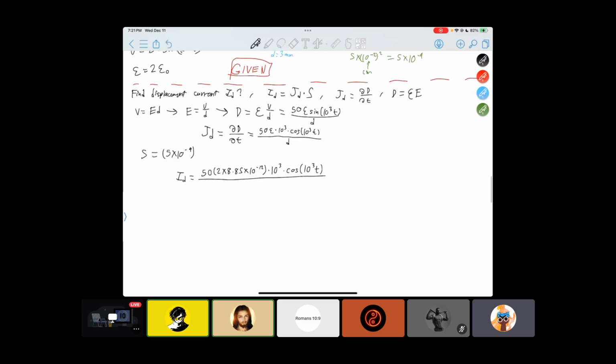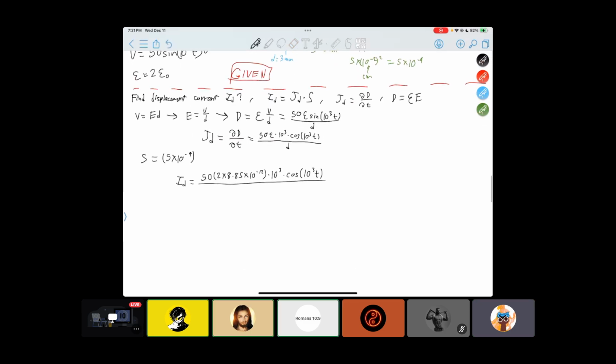And d is 3 millimeters, so 3 times 10 to the minus 3, times S. And S is 5 times this. If anyone wants to throw that in the calculator for me.